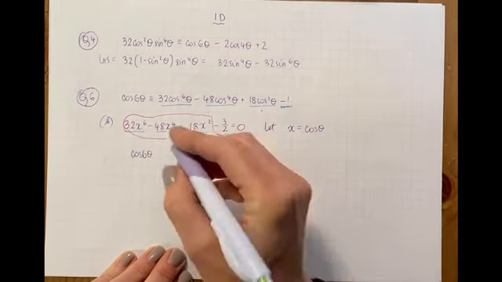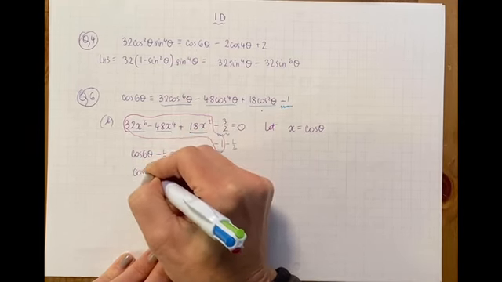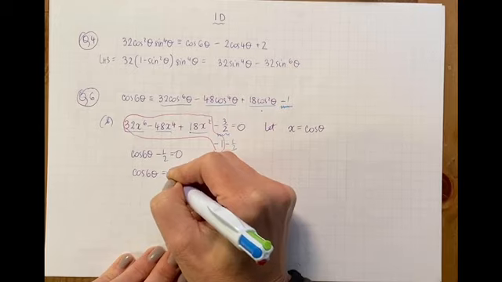I still got that minus a half left over, so you're going to now solve cos 6 theta is equal to a half.